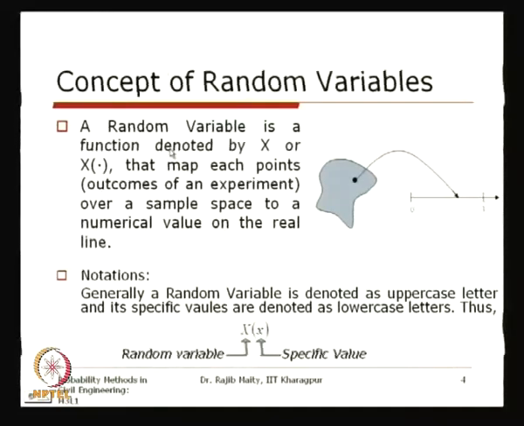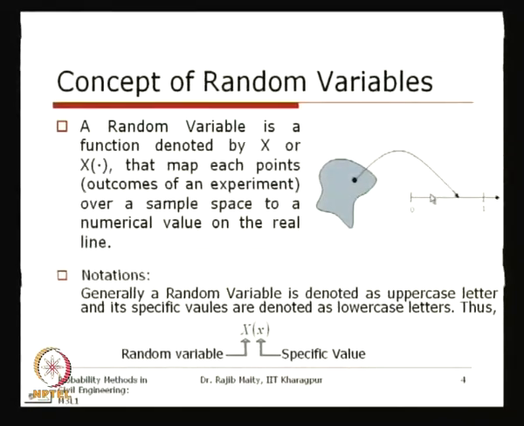So, this random variable X is a function that maps each point, that is, the outcome of an experiment over a sample space, to a numerical value on the real line, as we just showed in the last slide.